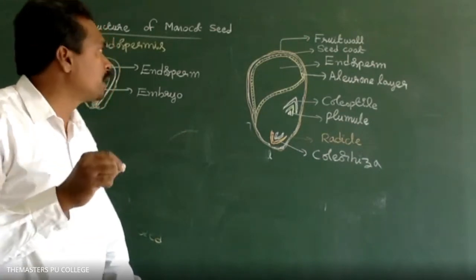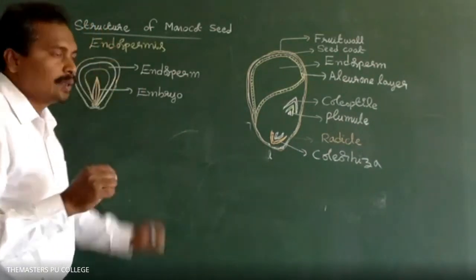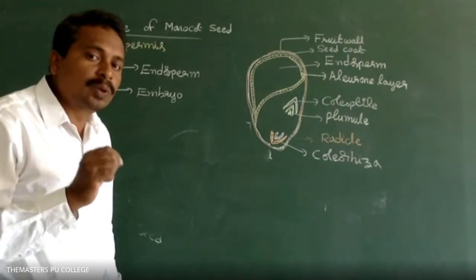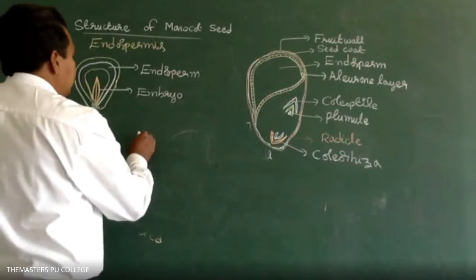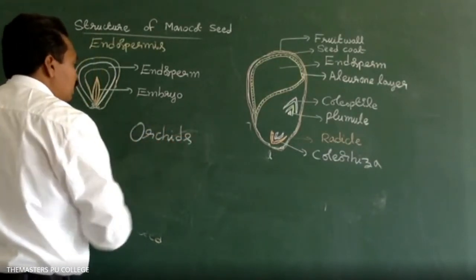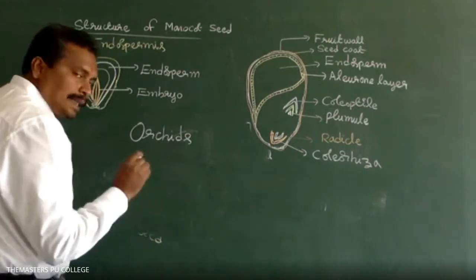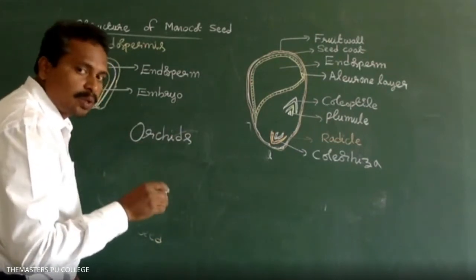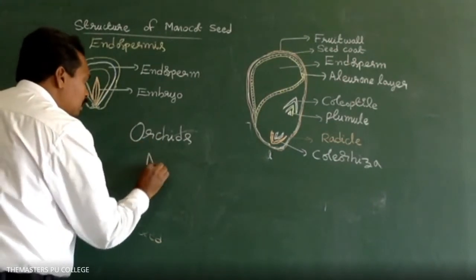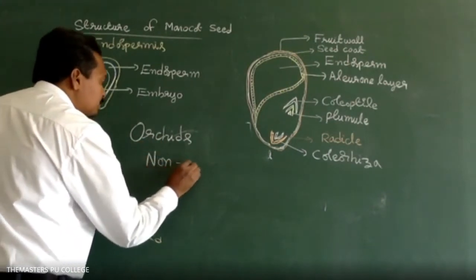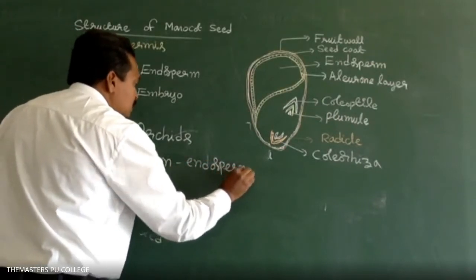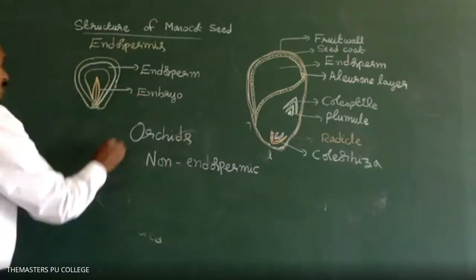The monocotyledonous seeds are generally endospermic, whereas orchids, which also belong to monocotyledons, have non-endospermic seeds.